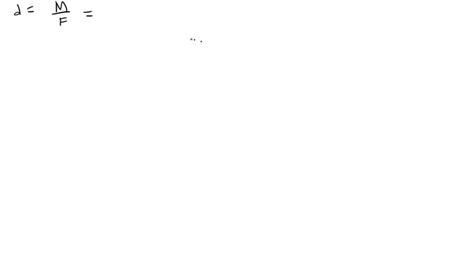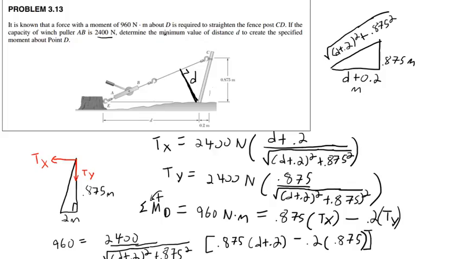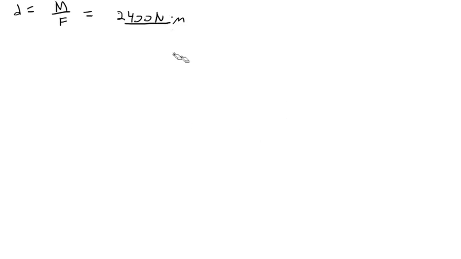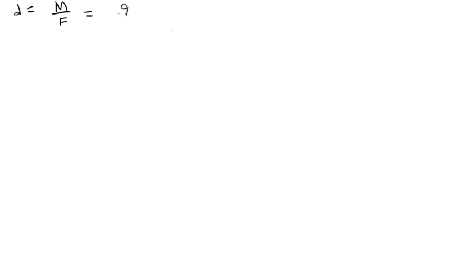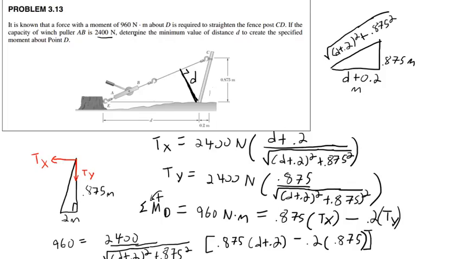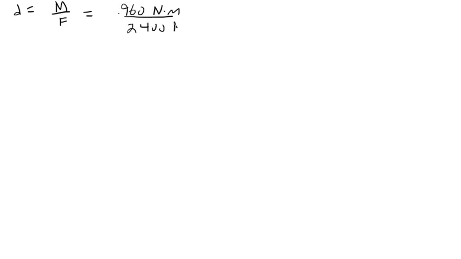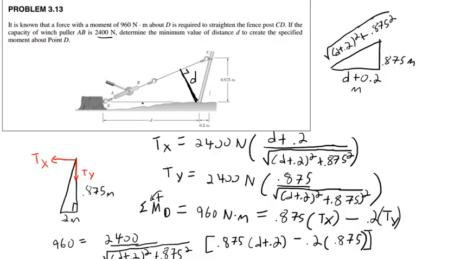And d is going to be 960 Newton meters over 2,400 newtons, which will be 0.4 meters exactly. So now we get to play trig.